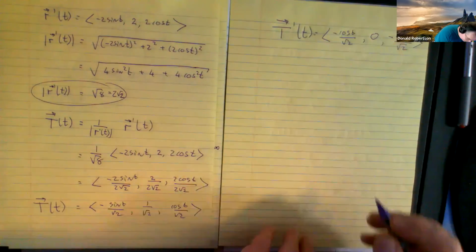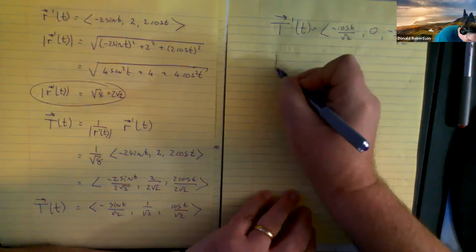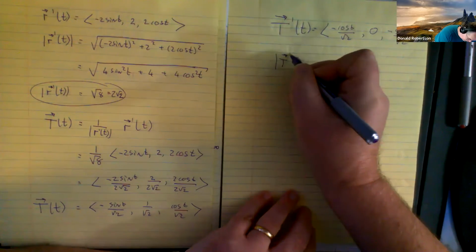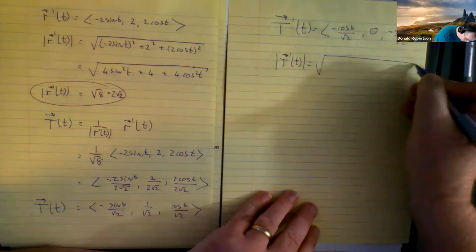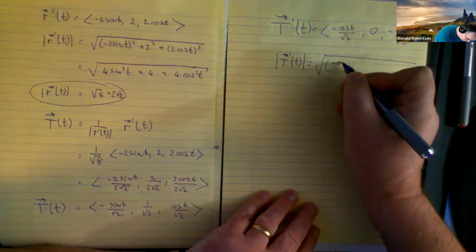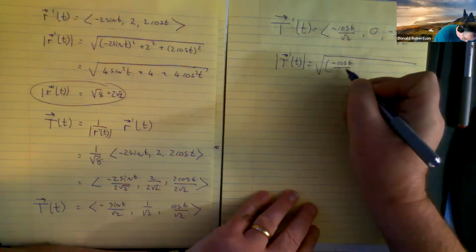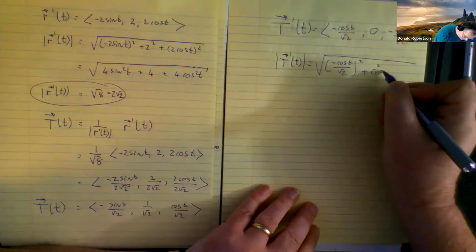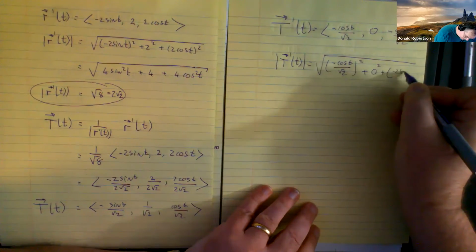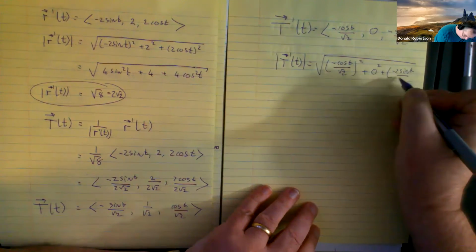And the magnitude of this derivative is going to be the square root of negative cosine t over the square root of 2 squared plus nothing squared, and this guy also squared.